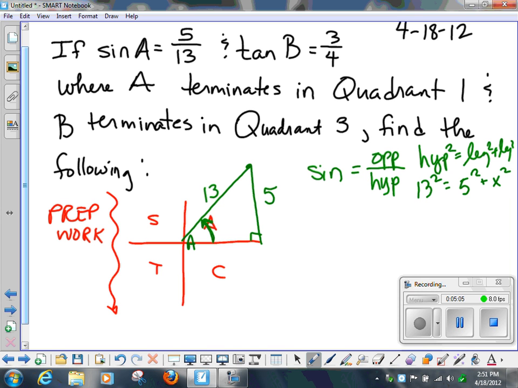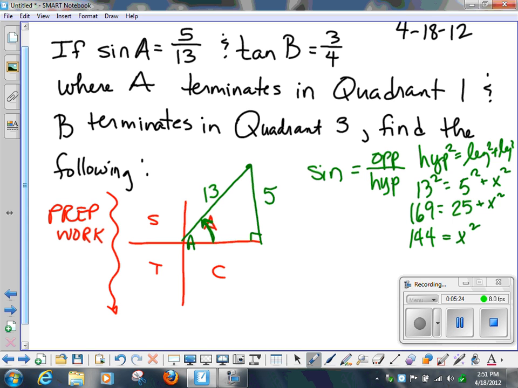13 squared is what? 169, which is equal to 25 plus x squared. What do I do now? Subtract 25. When I subtract 25 from 169, what do I get? 144.